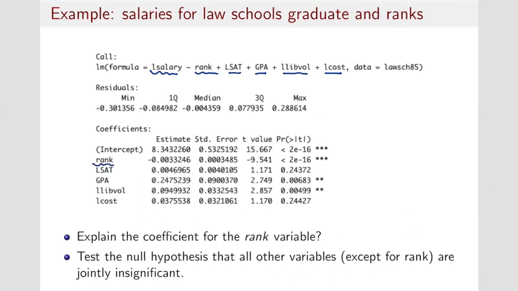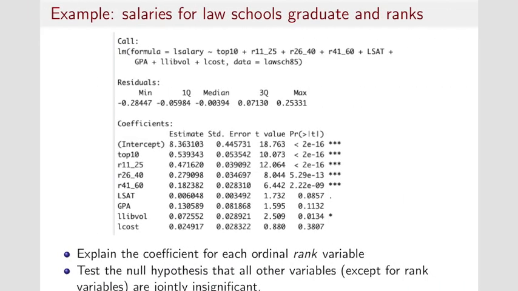If we treat the rank as a continuous variable, the estimated coefficient here says that for every 1 unit increase in the rank of the law school, the estimated salary will decrease by around 0.3%. But if you use this econometric model, you implicitly assume that this marginal effect of the rank on the salary is constant for different ranks of the schools.